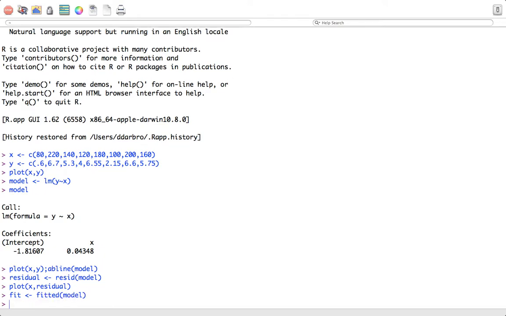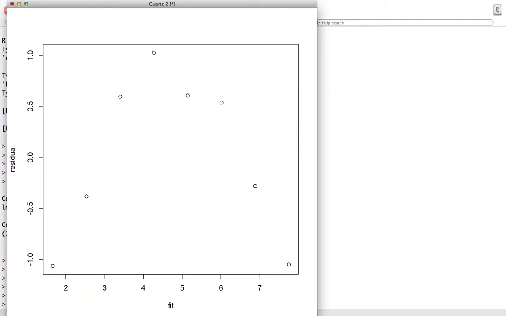In the simple linear regression case we're dealing with right here, the plot of our residuals over our fitted values is going to look exactly like it would if we had plotted the residuals over our x.